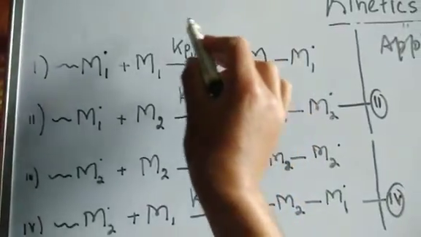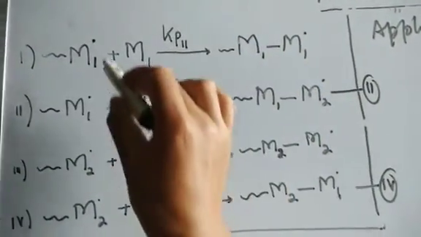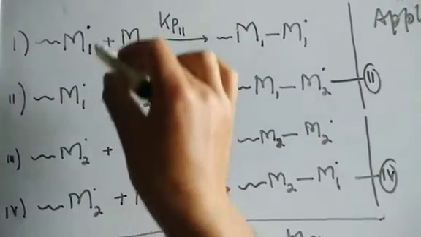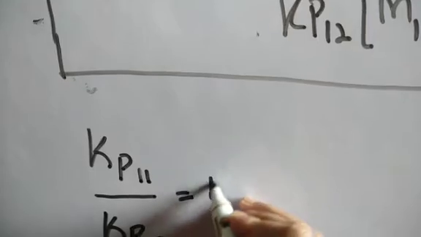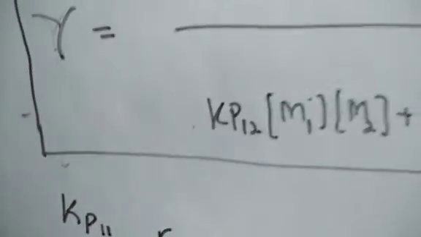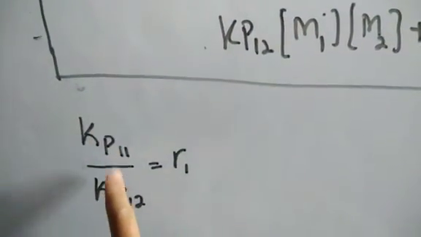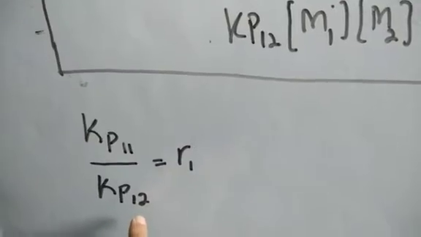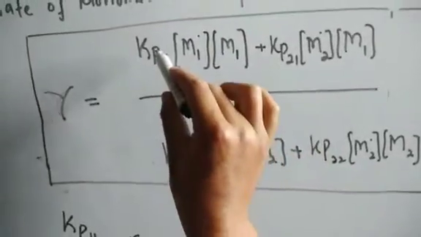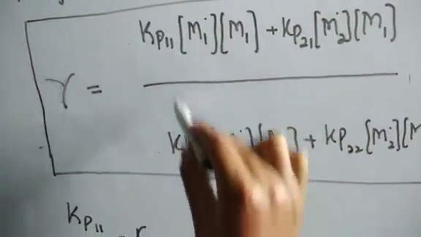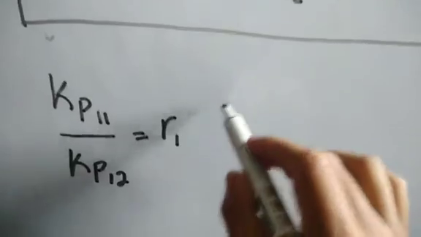The ratio Kp11 over Kp12, where monomers 1 are getting consumed, let us say is equal to R1. That's the ratio of rate constants for monomer 1. Because if you see this relation, we have this ratio, this by this. So to make this relation simple, let us say it is R1.